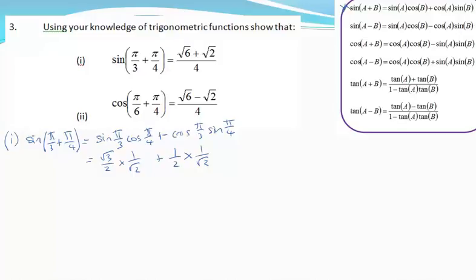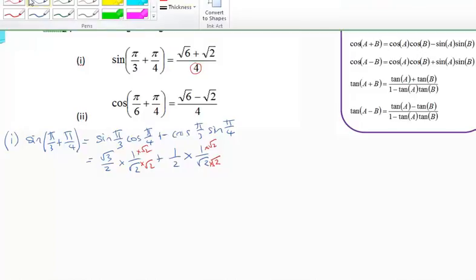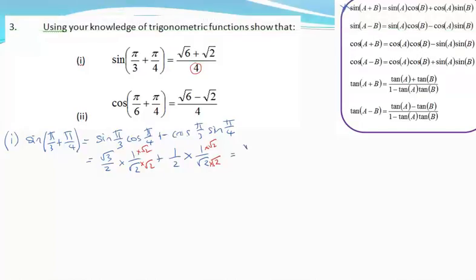So now we're going to end up with 2 root 2. We look here and we have a 4 in this equation. So we multiply by root 2 and by root 2 and by root 2 here. So now we have root 3 on 2 multiplied by root 2 on 2, plus 1 on 2 multiplied by root 2 on 2.